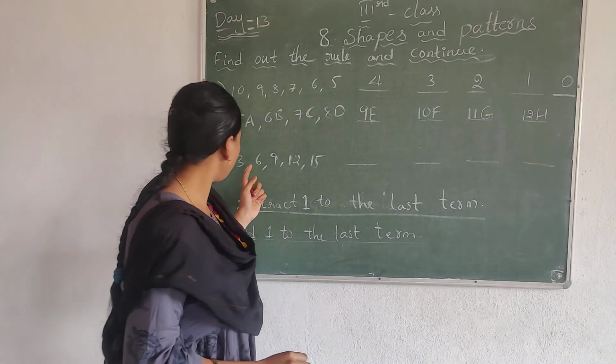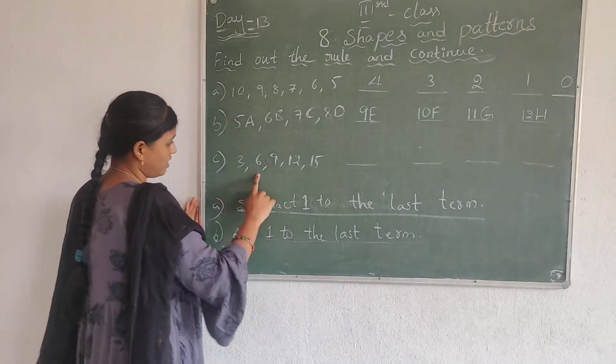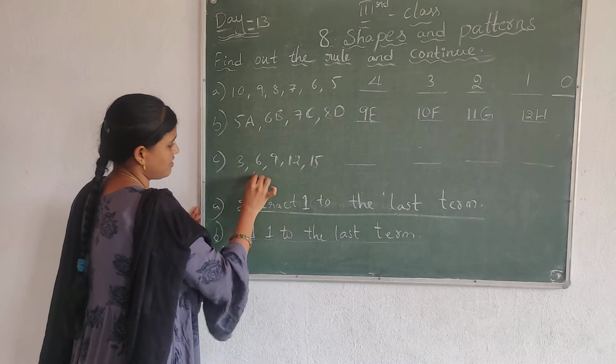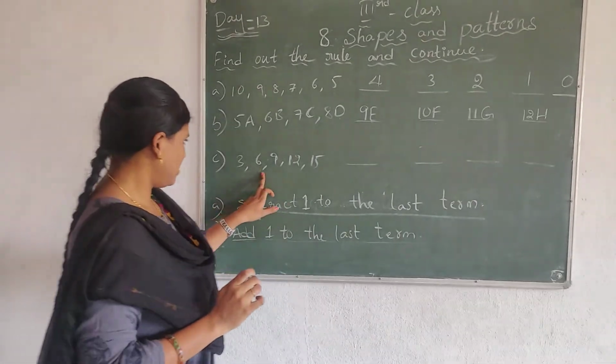Okay, let's see this one. 3, 6, 9, 12, 15. See here, the difference between these two is 6 minus 3 is 3, right? So the difference is 3.